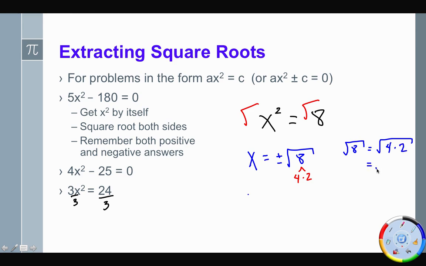And I can split the square root. This becomes the square root of 4 times the square root of 2. And the square root of 4 is 2. So we get 2 times the square root of 2. So that's going to be our final answer. So we get x is equal to plus or minus 2 radicals of 2.